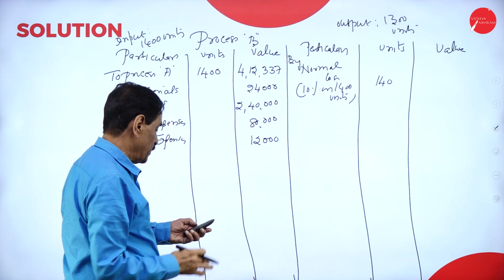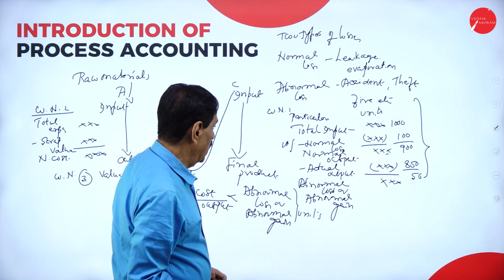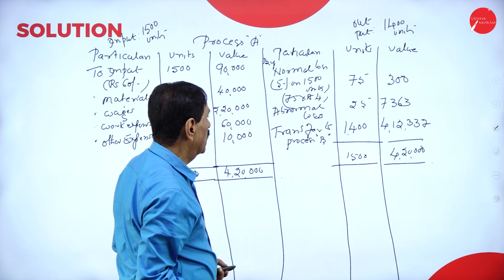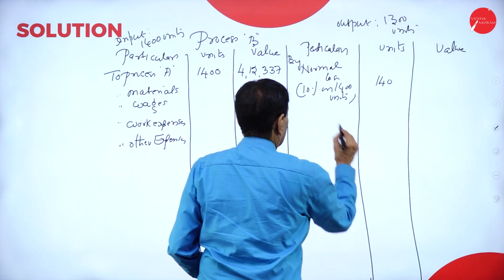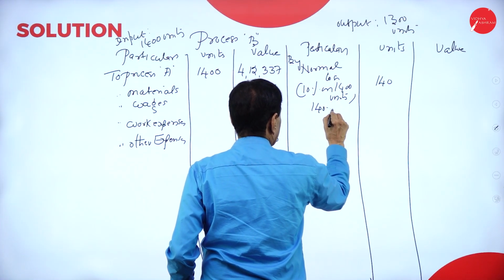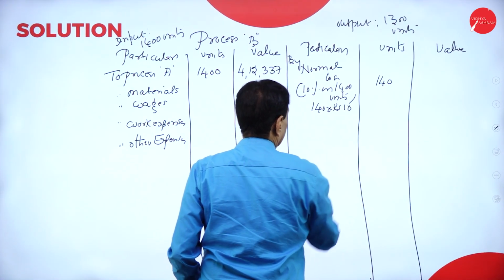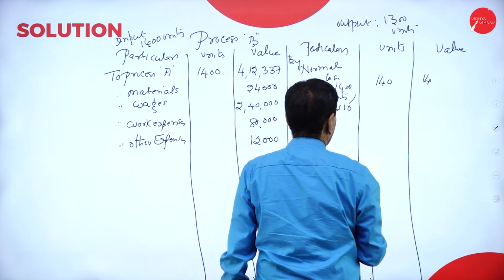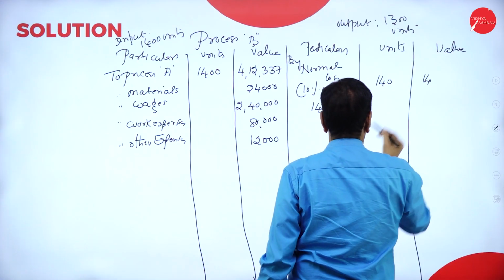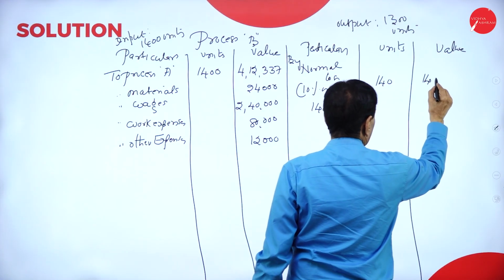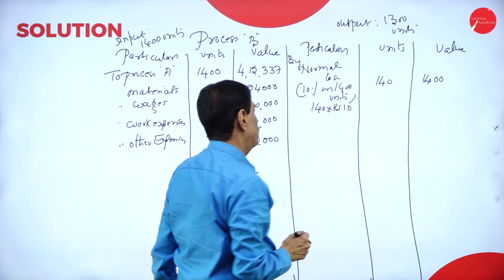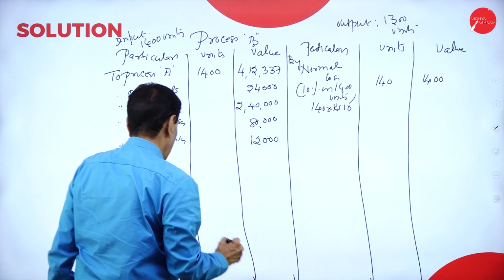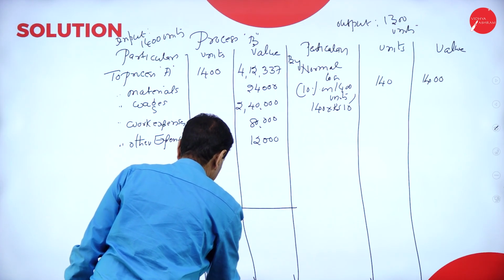At what value is it going to be realized? Per unit how much? 10 rupees. 140 into rupees 10 is 1,400. Now, close this here.